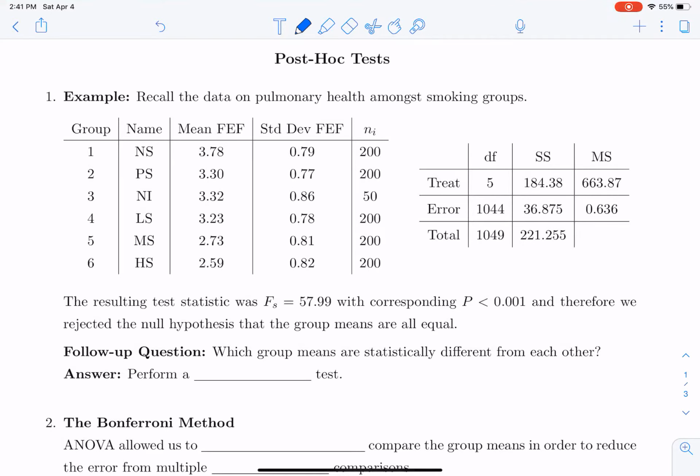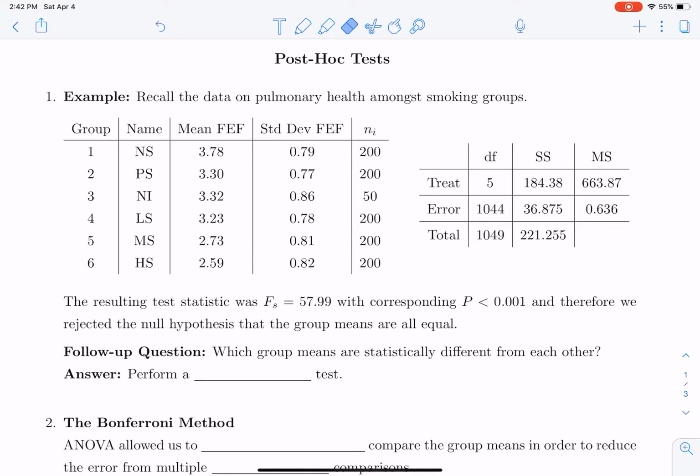In the previous video, we looked at comparing the mean pulmonary function of 6 different groups based on their smoking status. We were able to compute the sum of squares for the treatment and the sum of squares for the error, which then led to the F statistic, which we got, which was 57.99, with a corresponding p-value that was less than 0.001.